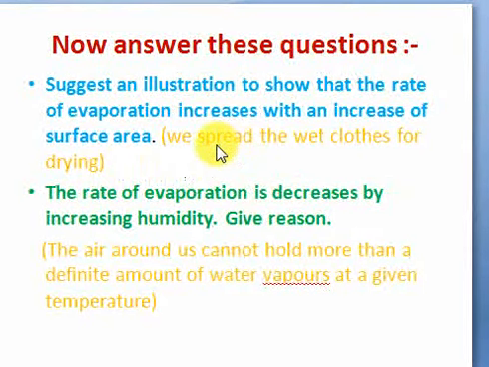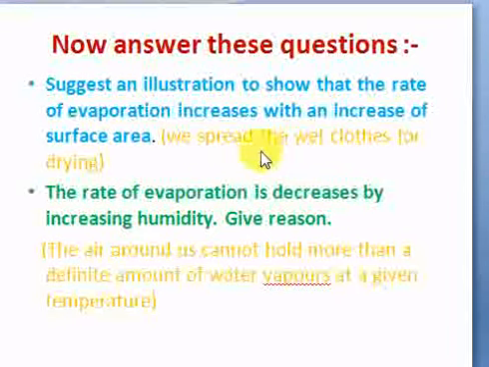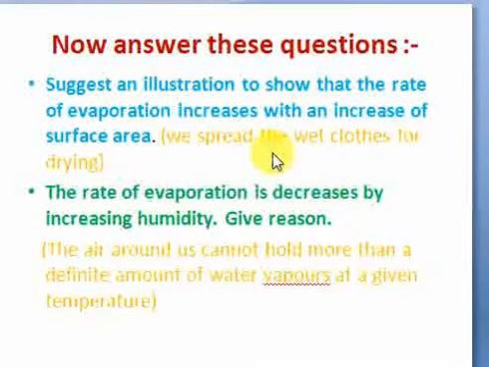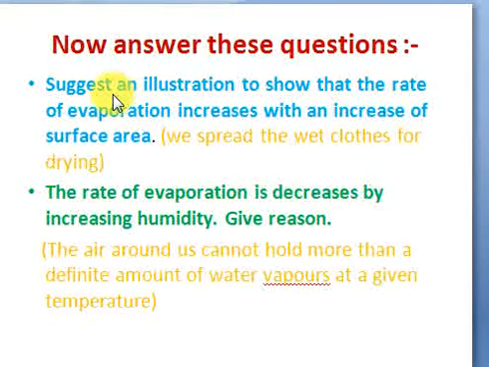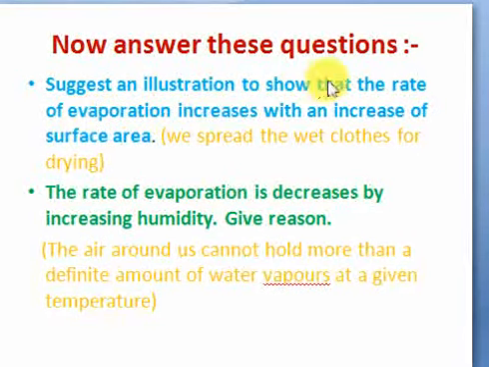If you spread the wet cloth, then it dries faster than when it is in the crumpled state. So with the help of this, we can support the statement that if the surface area of evaporation is increased, then the rate of evaporation is more.